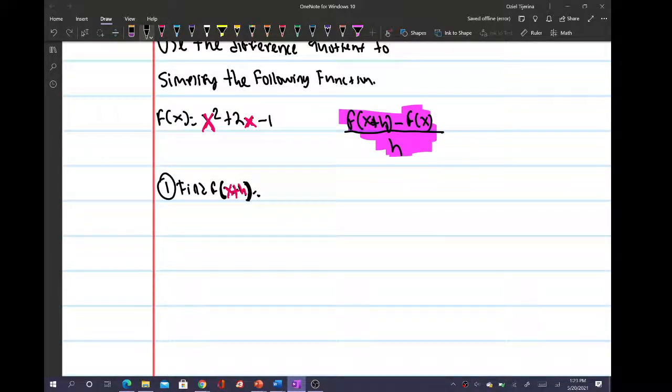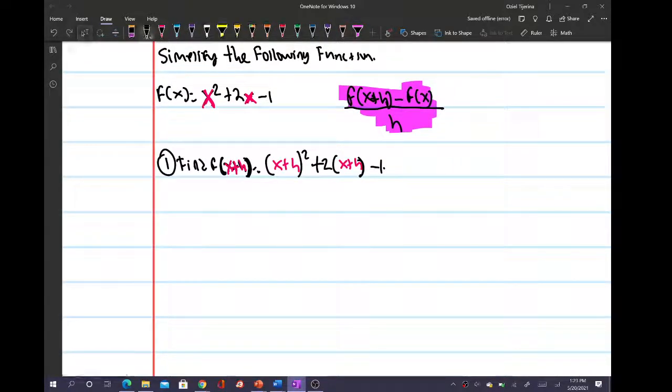Now, f of x plus h will be equal to the quantity x plus h squared plus 2 times x plus h minus 1. Okay, so now we use the FOIL method to simplify x plus h squared, right? And we go ahead and simplify by distributing our 2 to our x plus h over here, right?